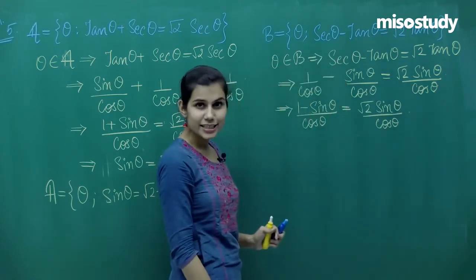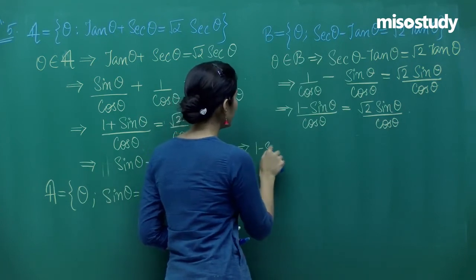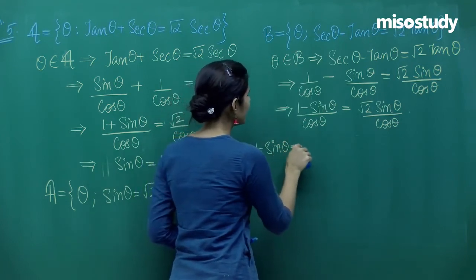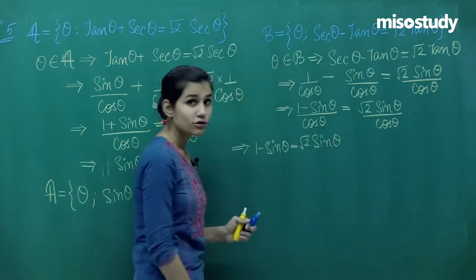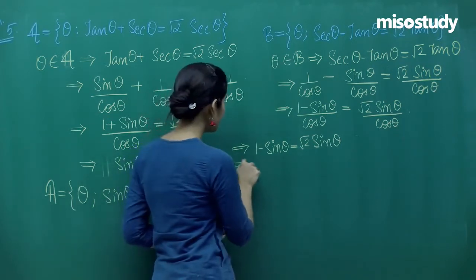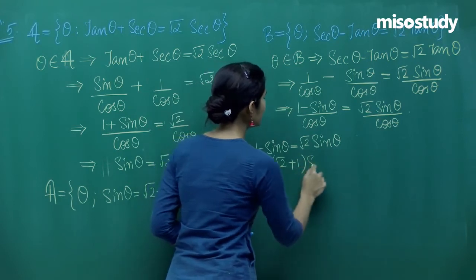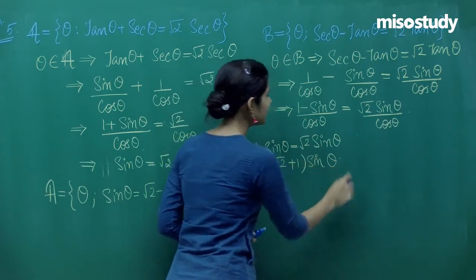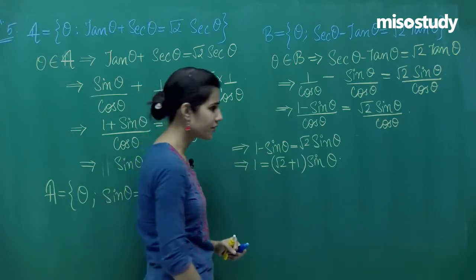Cos theta gets cancelled from both sides and you are left with 1 minus sine theta is root 2 sine theta. Now take sine to one side so that you have like expressions, and this implies 1 is equal to root 2 plus 1 times sine theta. I've just taken sine theta common and this is what I'm left with.